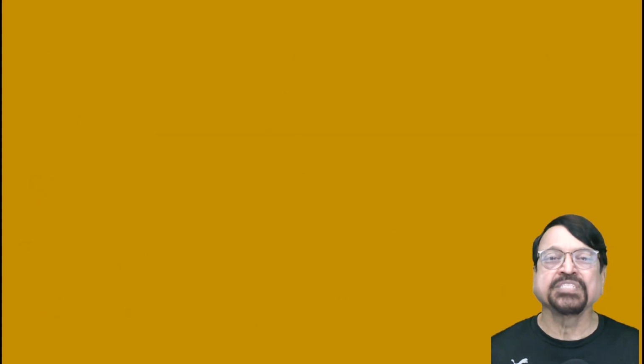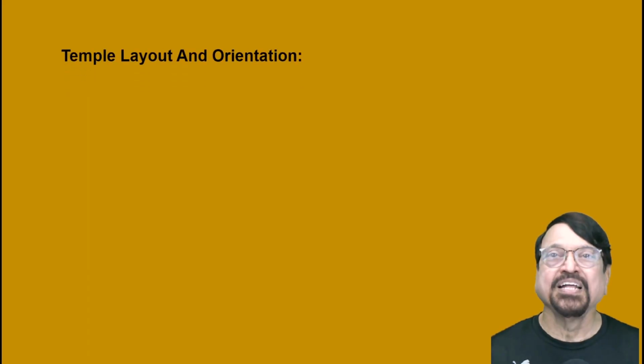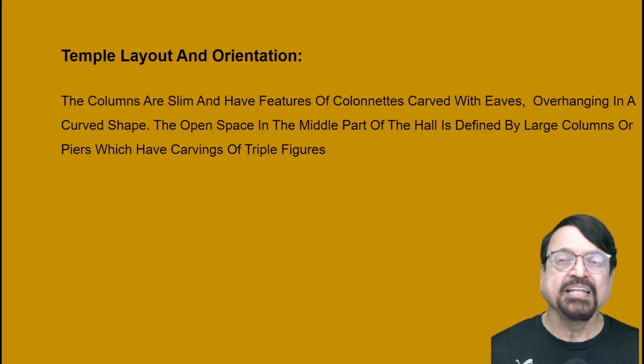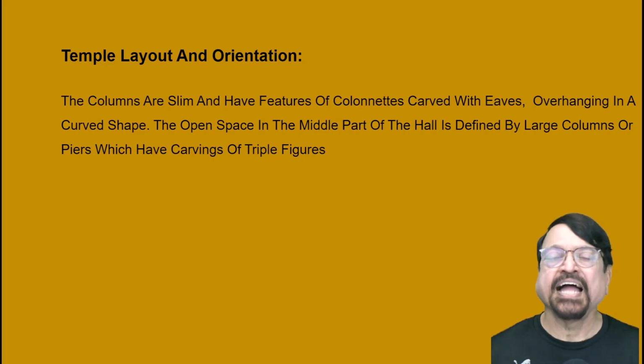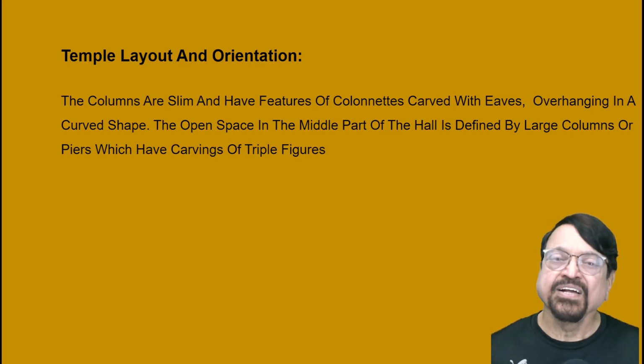They are wonderful and you will just keep on seeing them, and because they are in black granite, even today they are preserved. Now, continuing this temple layout and ornamentation, the columns are slim, have features of colonnades, carved with eaves overhanging in a curved shape.